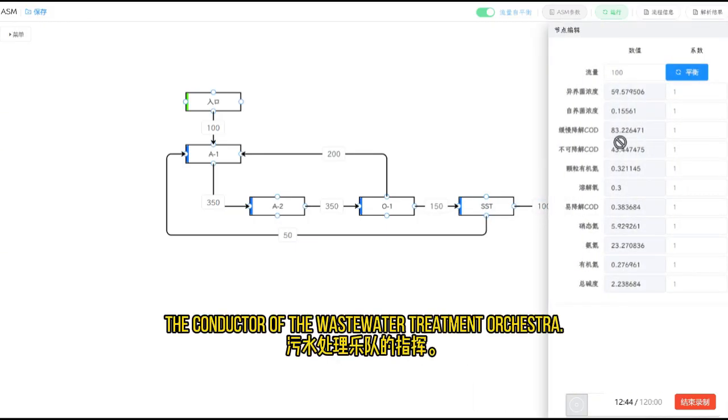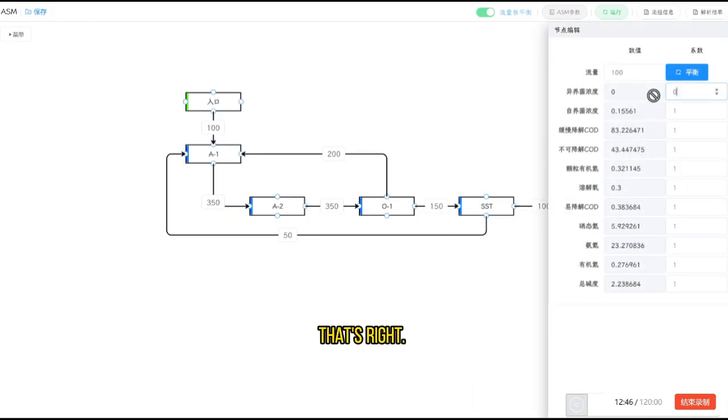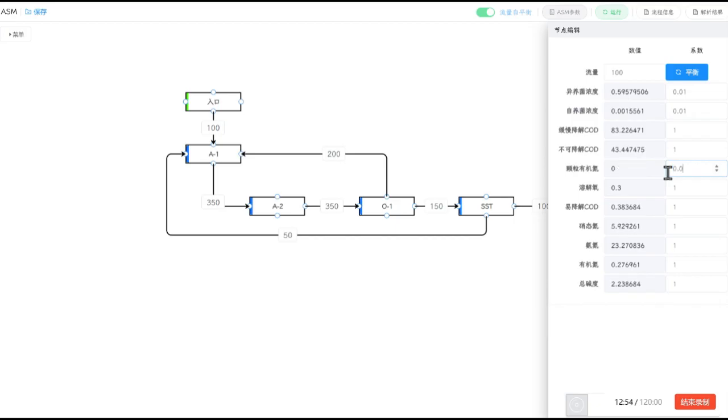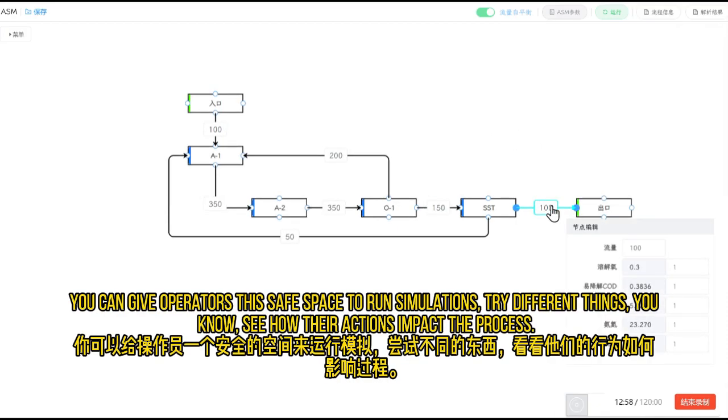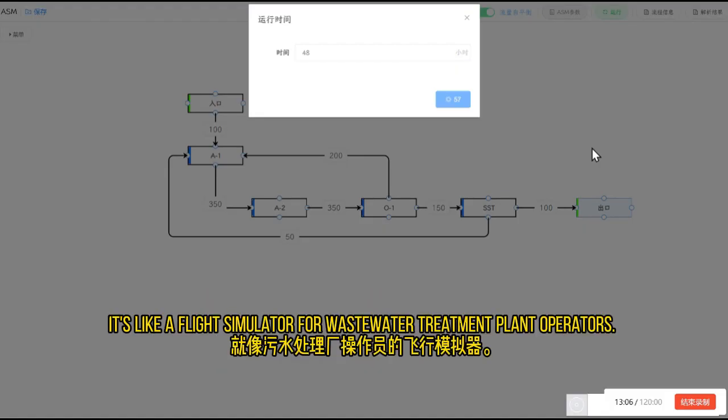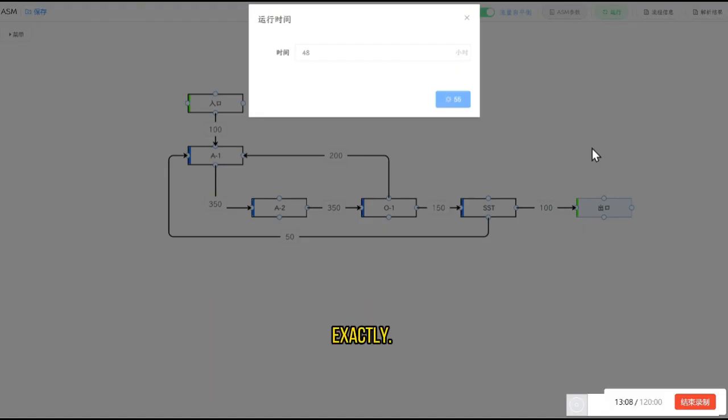The conductor of the wastewater treatment orchestra. Making sure it all works together. This source even suggests using these models for operator training, which I thought was fascinating. Imagine giving operators a safe space to run simulations, try different things, and see how their actions impact the process. It's like a flight simulator for wastewater treatment plant operators. That's a great analogy.